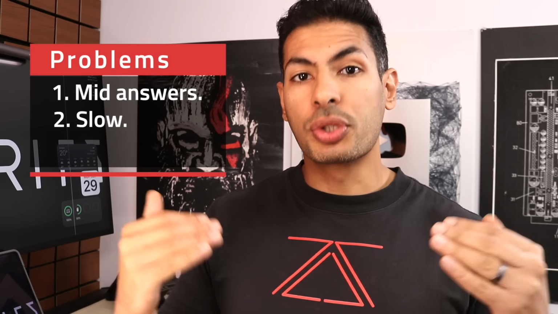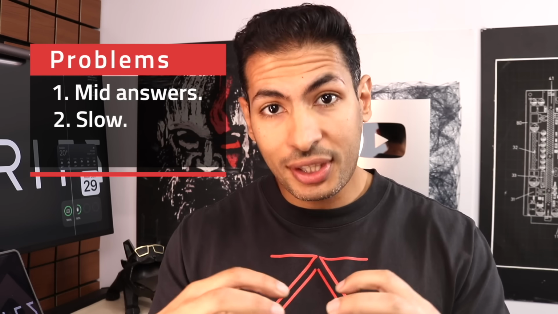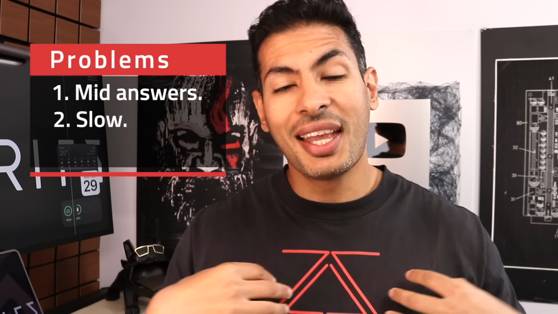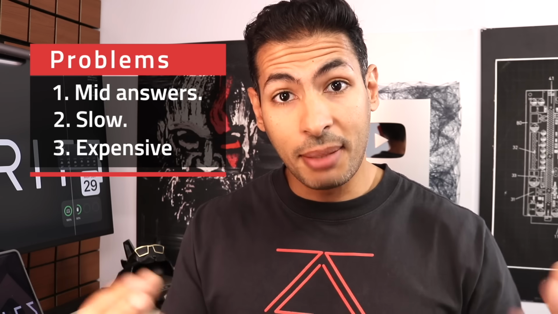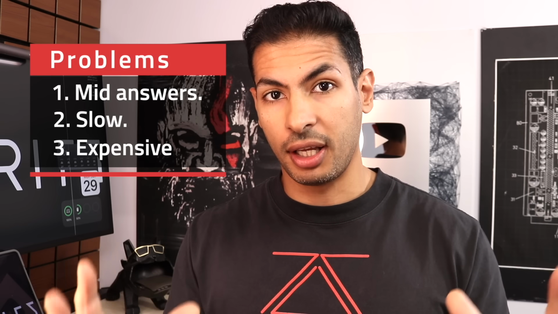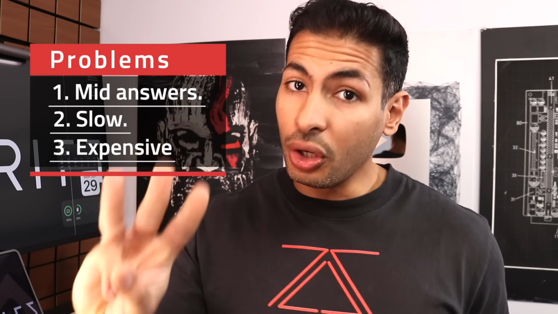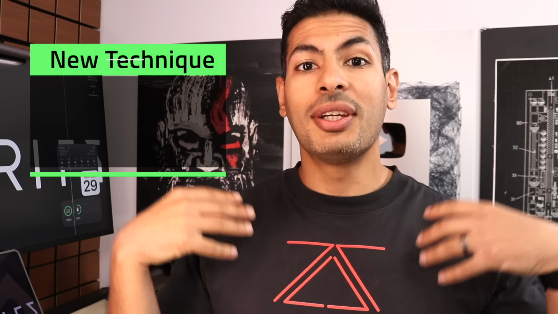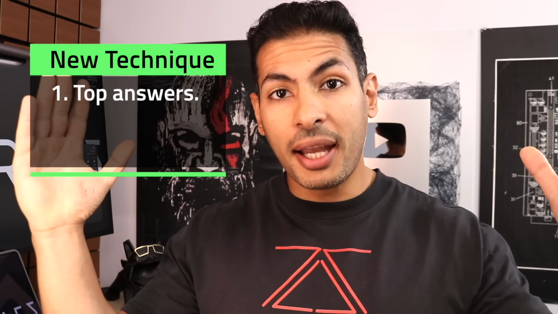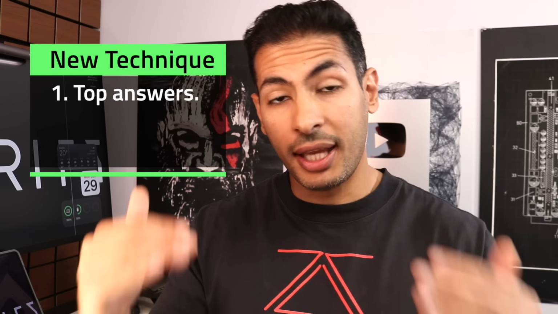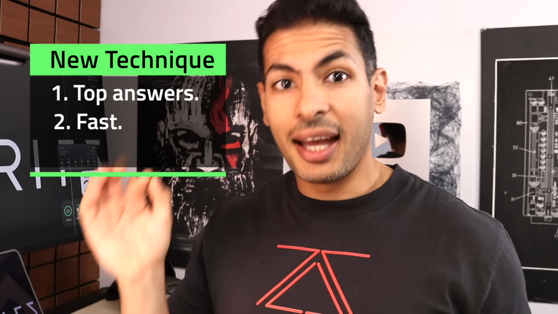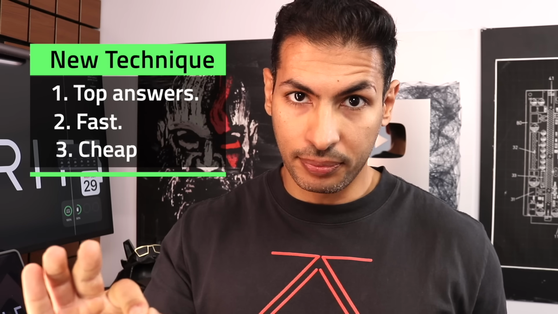It was also slow because we had to host that AI on our own resources, and it was kind of expensive again because these AIs require a lot of resources. So the technique that I'm going to show you today is going to address all of these three issues so that you can get answers from the top AI models such as ChatGPT and Claude very quickly and at a fraction of the cost. Let me explain.